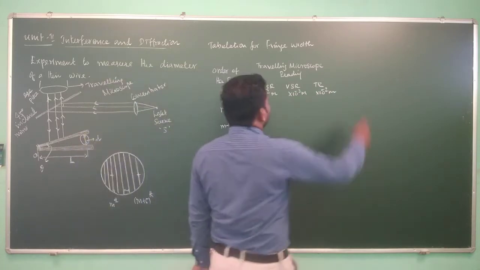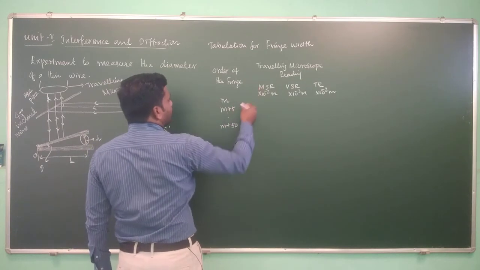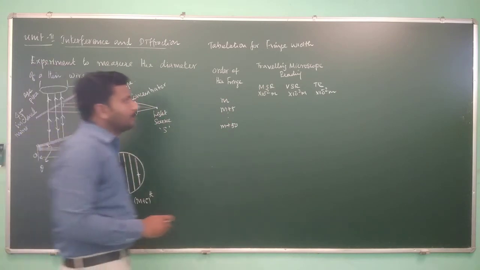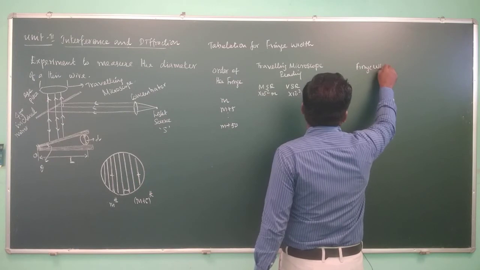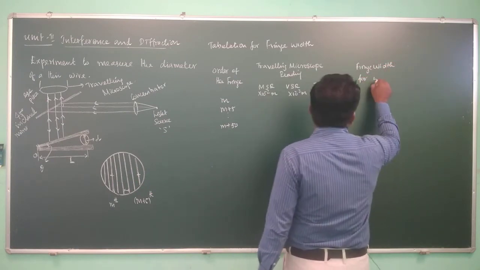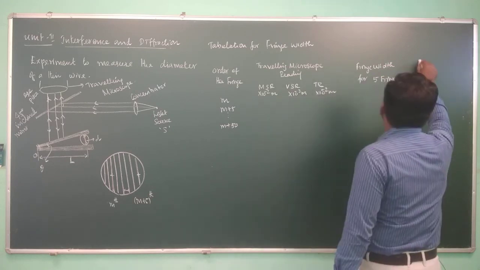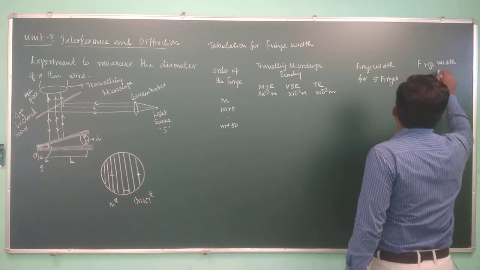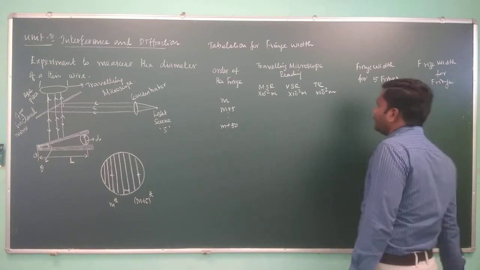If we subtract the traveling microscope values for the mth and m plus 5th fringes, we get the width for 5 fringes. Then we get the fringe width for one fringe.